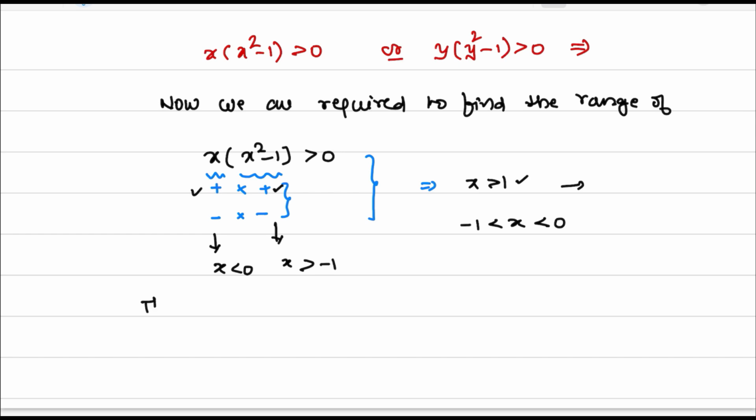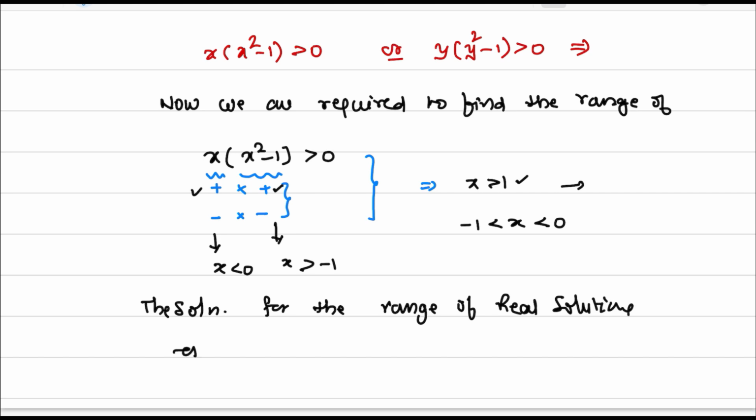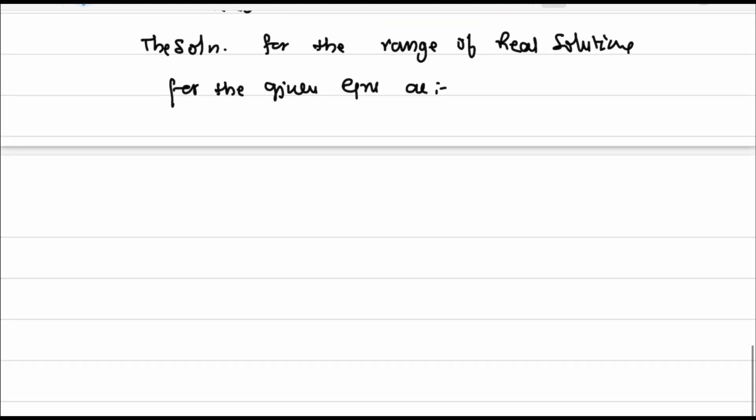That means the range of real solutions for the given equation is x is greater than 1 or minus 1 is less than x less than 0.